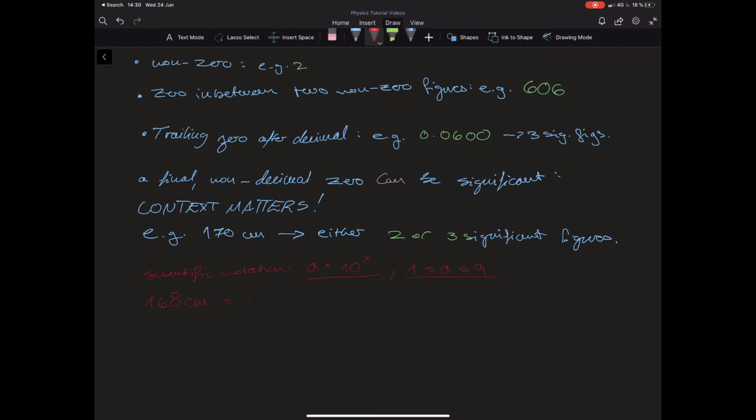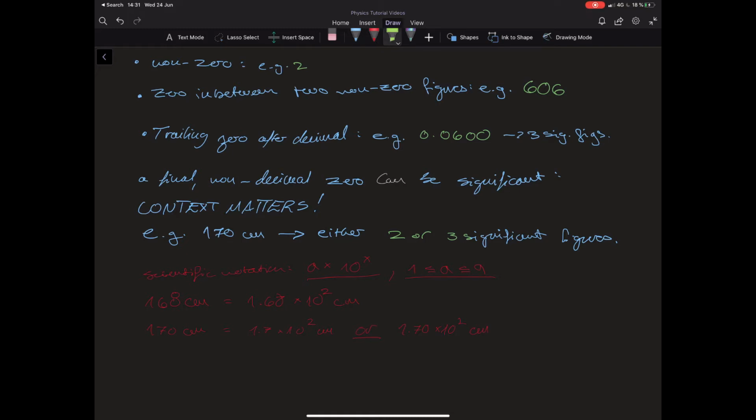For example, 168 centimeters in scientific notation can be written as 1.68 times 10 to the power of 2 centimeters. 170 centimeters can be written as 1.7 times 10 to the power of 2 or 1.70 times 10 to the power of 2, depending on how many significant figures.